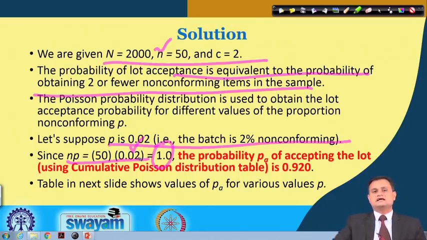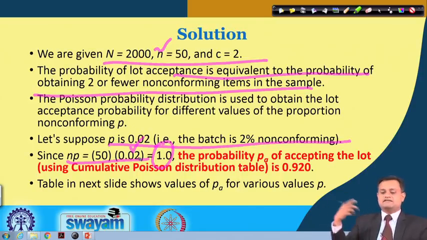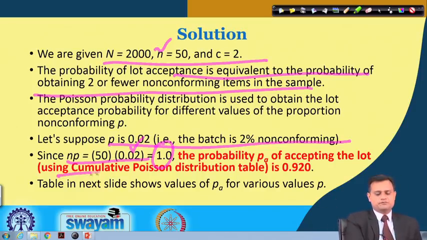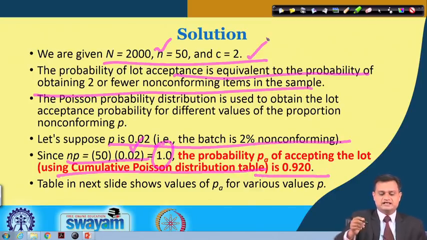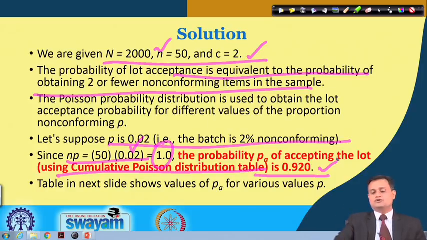So once again, as we discussed previously, I will refer to the cumulative Poisson distribution table, which basically relates the value of the mean with respect to the value of x or a particular number. Here my number would be c. So for the given acceptance number c, my probability will be 0.920, and this probability is called Pa, the probability of acceptance.